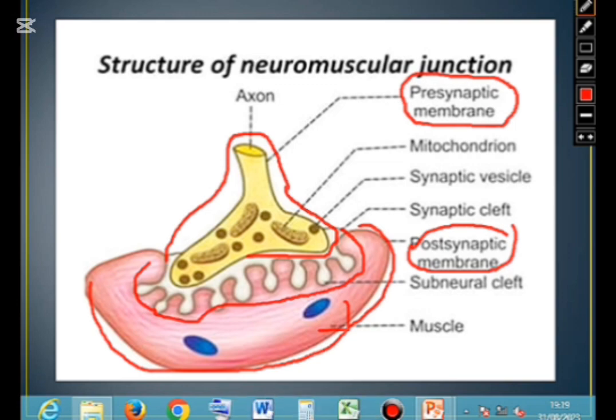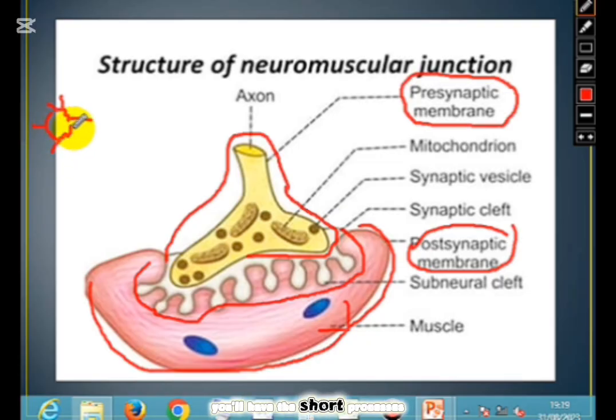Alright? Look, what is the synapse? It is the union of either two nerve cells. If you have a nerve cell here, you have the short processes. This is the soma.